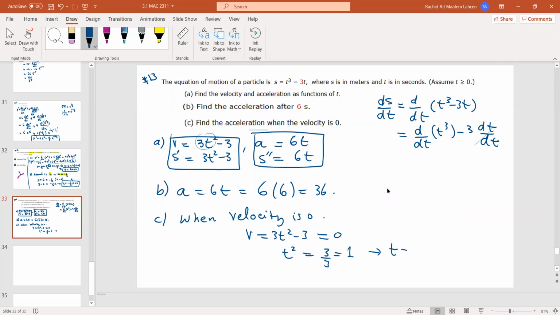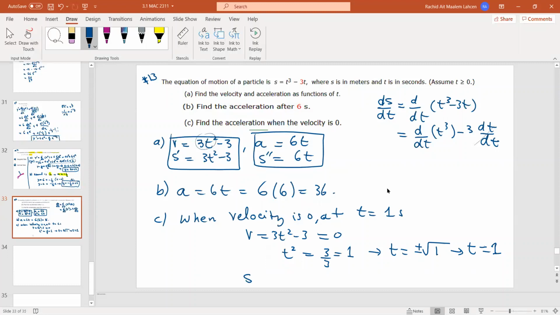So t is the square root of 1, but t is greater than or equal to 0, which means 1. So when the velocity is 0, it's at t equals 1 second.